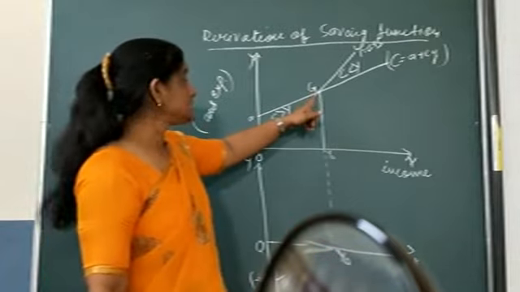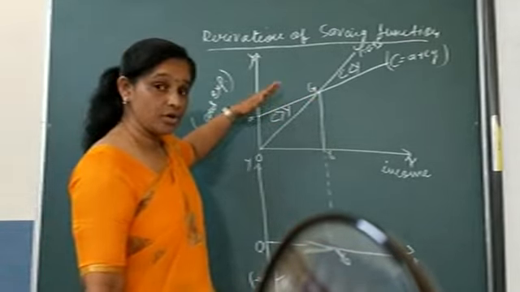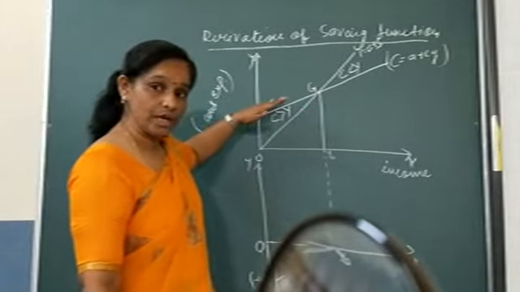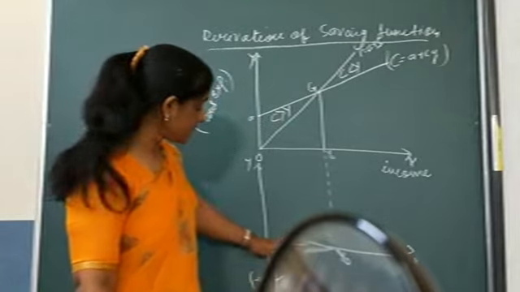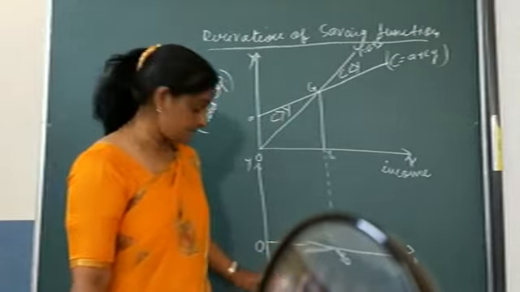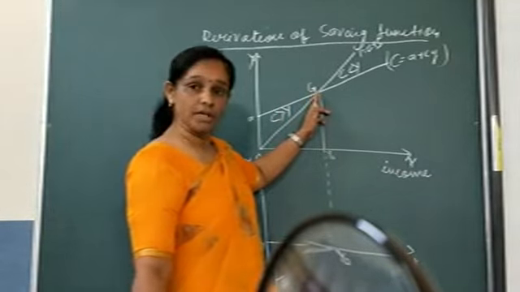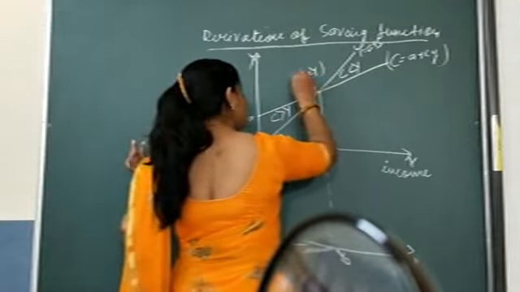Okay, because till your consumption is greater than your income, it is not possible to have the saving. That's why the saving is below the x-axis. It is negative. Alright, then this is the break-even point. Here your consumption is equal to income.